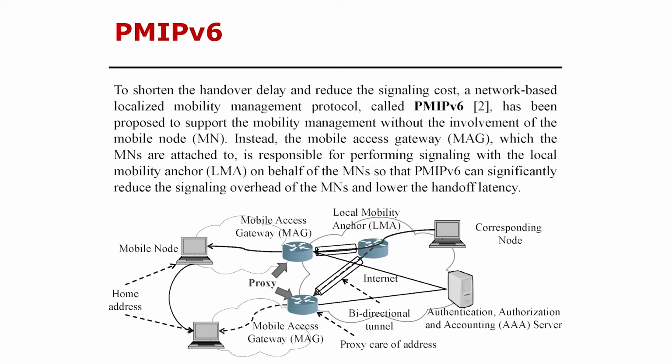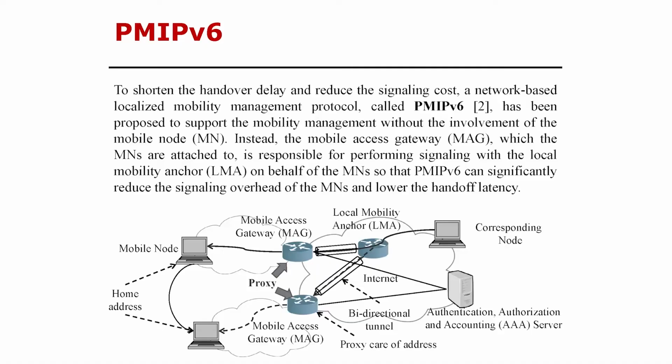Since mobile IP used IPv4, later on there was a proposal for PMIPv6, that is to equip mobile IP with IPv6. This has been proposed to support mobility management without the involvement of the mobile node. Basically, it can be done by the routers.